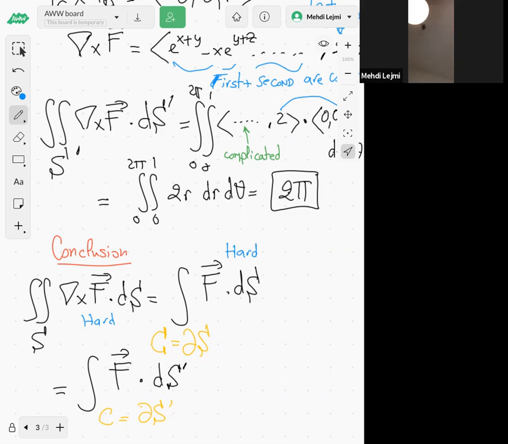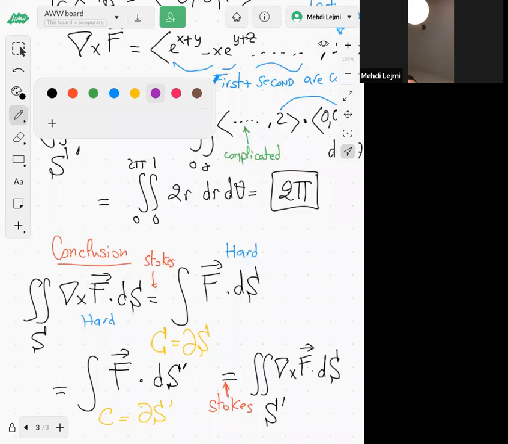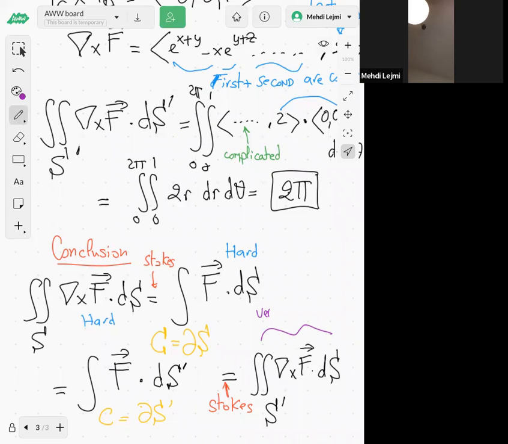But then, using Stokes theorem again, this is the double integral of the curl of f over S prime, which is a different surface than S. This one turns out to be very easy to evaluate. It's just equal to 2 pi.